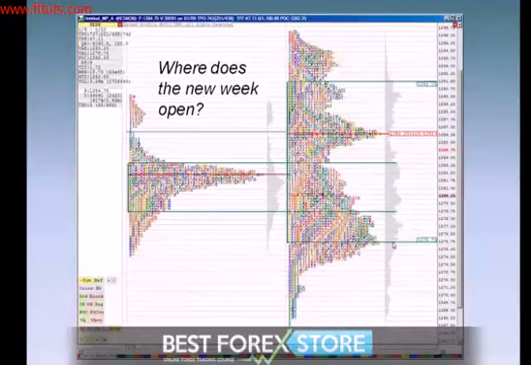Based on what happens at this first key number, or what I will now begin using the term power line for, is it able to penetrate this power line, or is it going to continue to drop? If it continues to drop, then you're more comfortable taking shorts. You begin to see the directional move in the market far earlier than anyone else, depending on where the market actually opens.